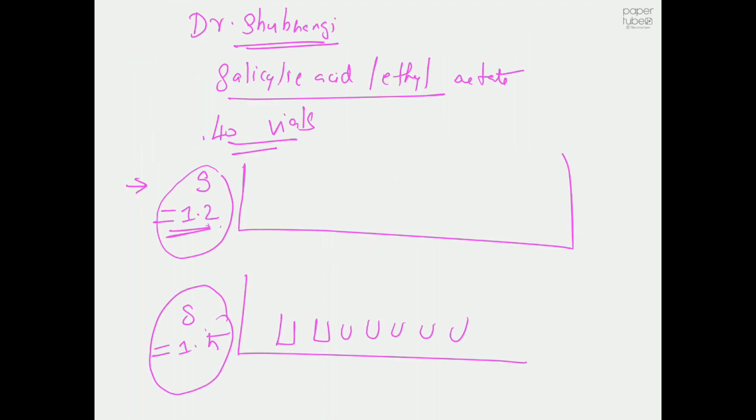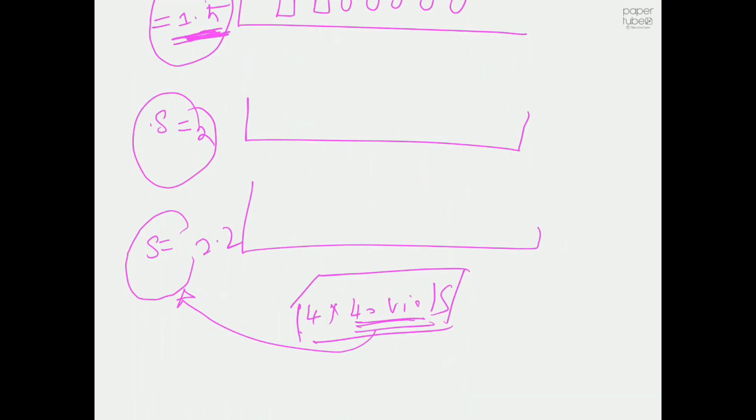So if you want to study, okay, my solution supersaturation is 1.2, and what will be the probability of nucleation or the nucleation rate, then you have to do 40 vials, and then for supersaturation of 1.5, and if I want to calculate how the nucleation rate changes with respect to your supersaturation ratio, then we have to do this type of experiments, and we have to use 40 different vials.